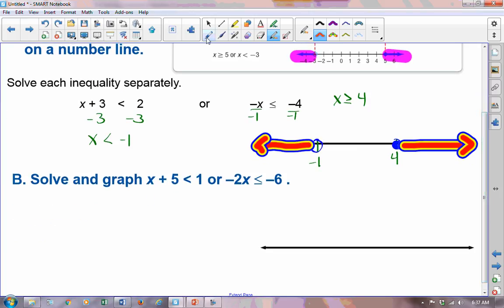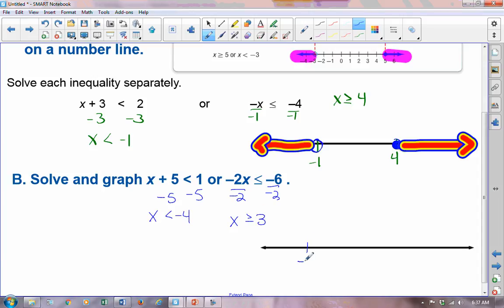Here's another one where we will subtract 5. So we have x is less than -4. Divide by -2. Remember that the inequality flips, so it changes from a less than to a greater than or equal to 3.